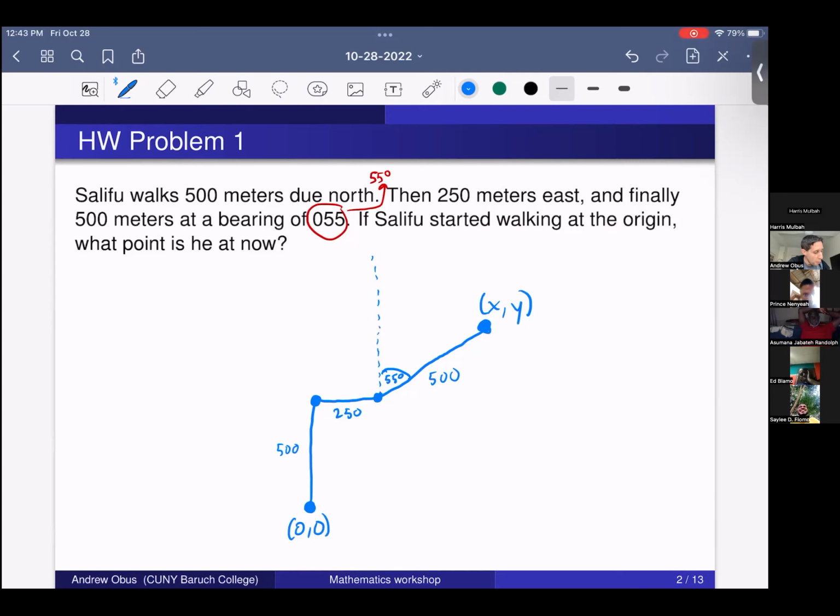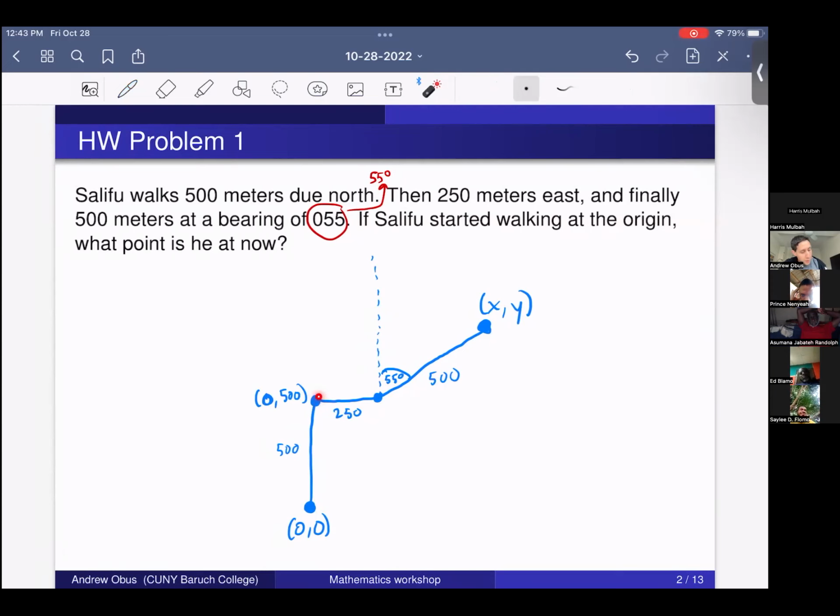So I'll say a little bit more about how I would do this. What I would do is go point by point and figure out what each point is. If we start at 0, 0 and we walk 500 meters due north, then this point is going to be still 0 in the X direction, but 500 in the Y direction.